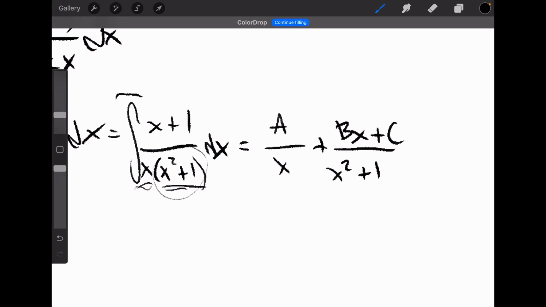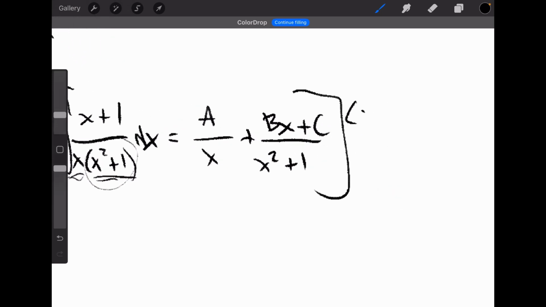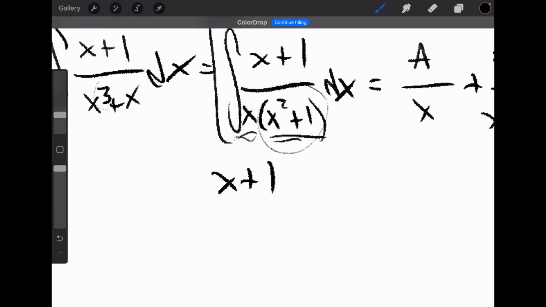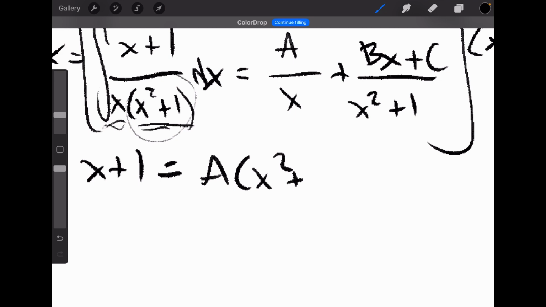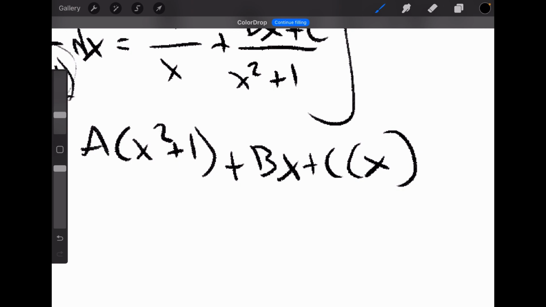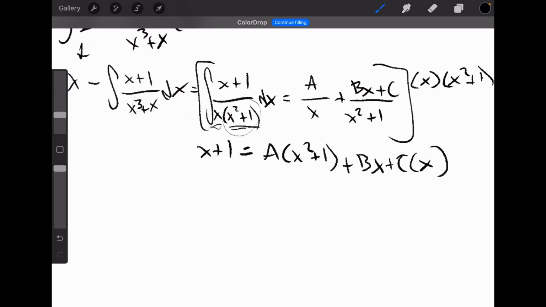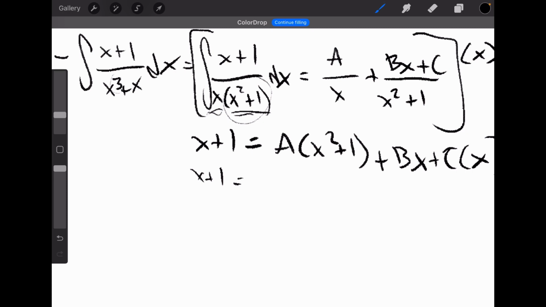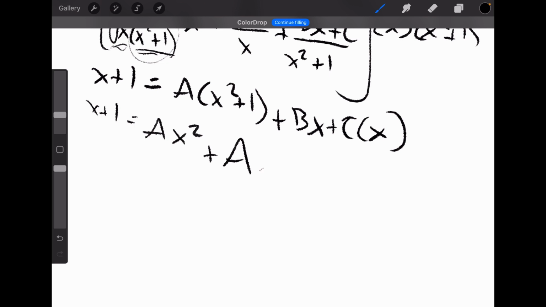So now we're going to do the same old process, times x squared plus 1. So now we have x plus 1 is equal to a times x squared plus 1 plus bx plus c times x. Okay, so now we have x plus 1. We're just going to simplify this out: ax squared plus a plus bx squared plus cx.